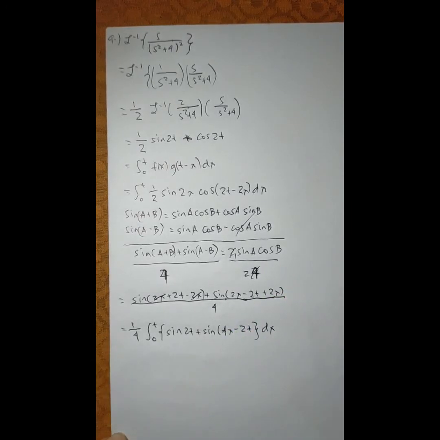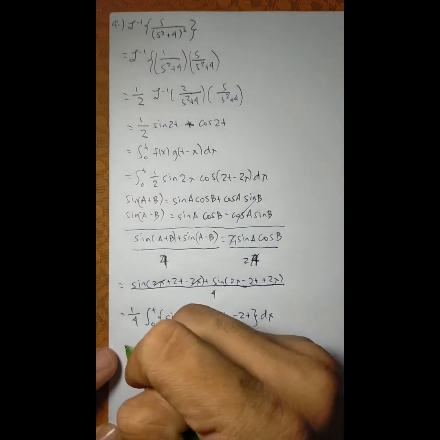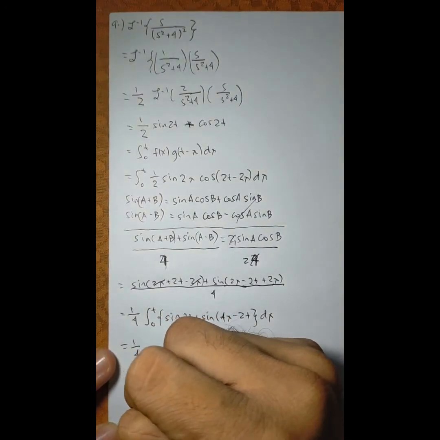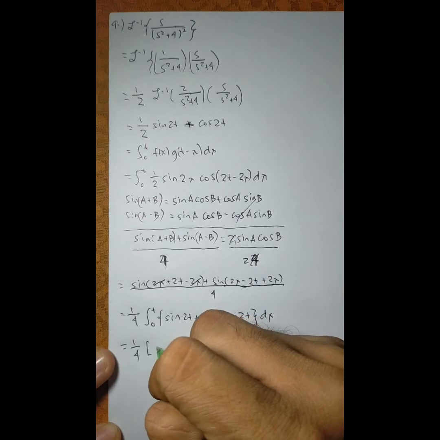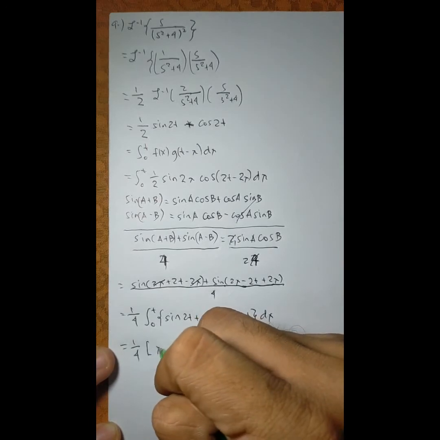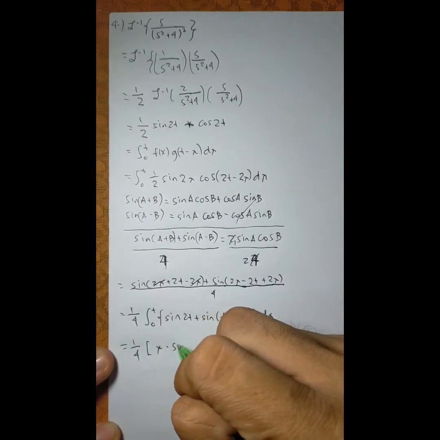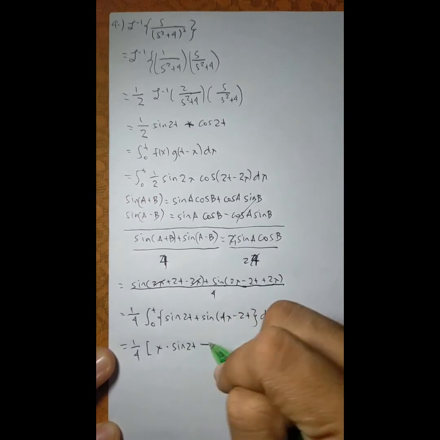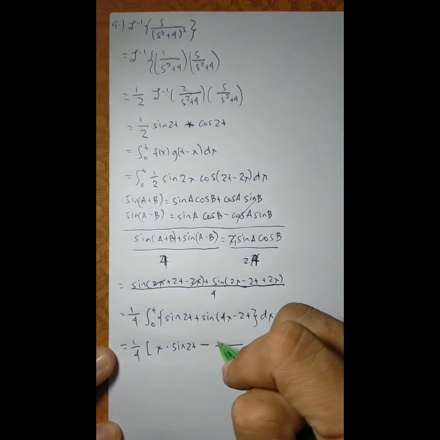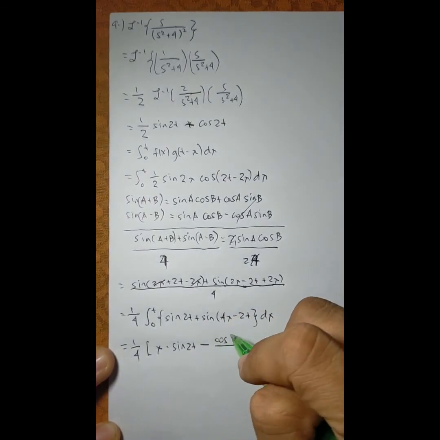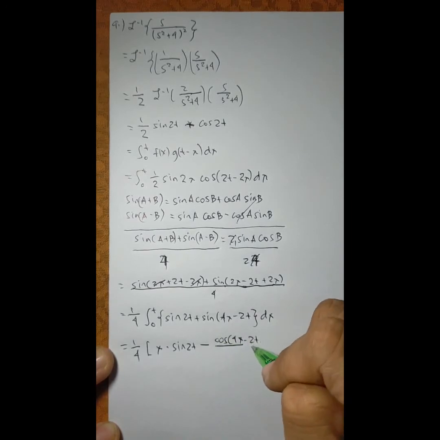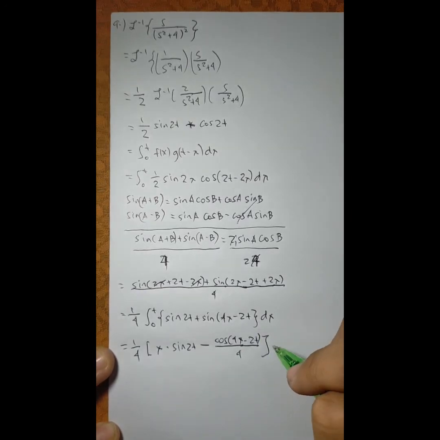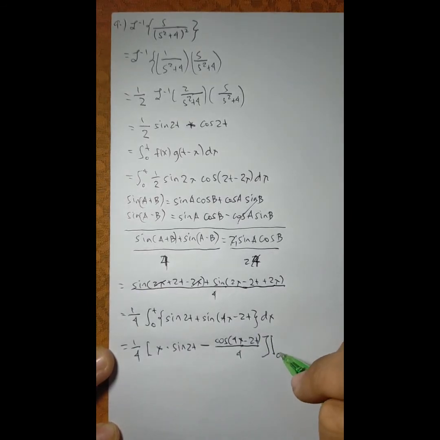And let's take the integral, so that this can be equal to 1/4 times lambda times sine 2t minus cosine of (4 lambda minus 2t) all over 4, with limits from 0 to t.